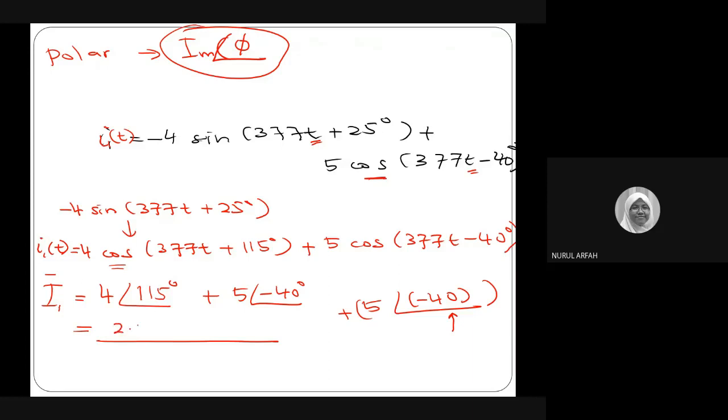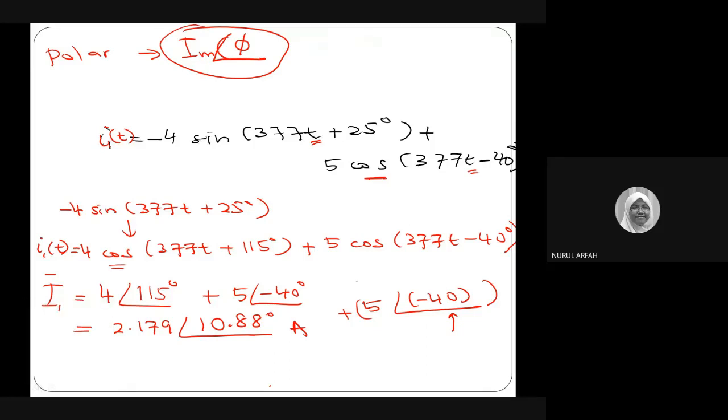So do you get this answer? This is what I had in my calculator. Okay, this one. Right. Do you get this? I get until the rectangular form only. Okay, let me change the color.